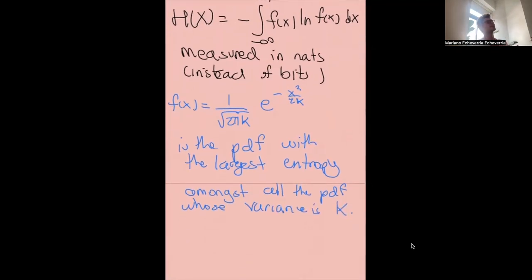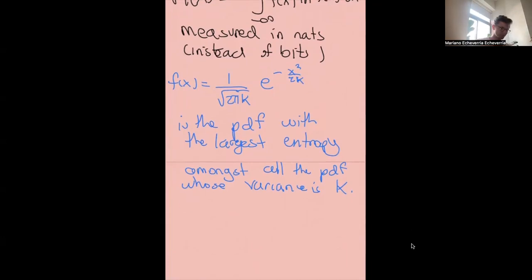So what I'm saying here is you have to look at all the probability density functions that have a known variance, and among all of those, the entropy is maximized for the bell-shaped curve. It's similar to what we were doing before with the discrete case when we knew the expected value.